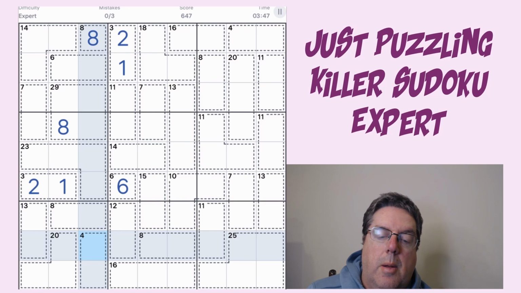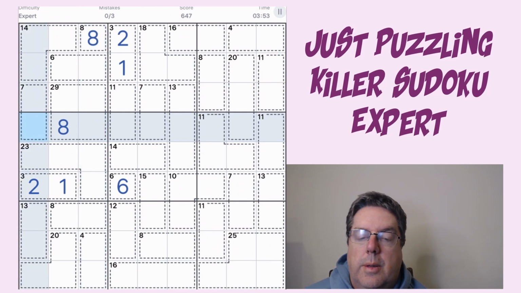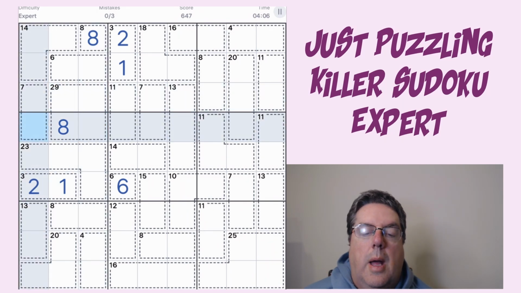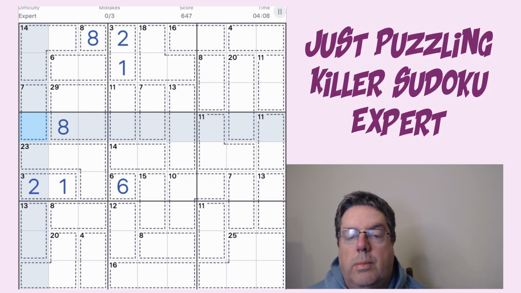What am I looking at? I'm looking at 23, 31, 34, 11. So 11 can be 6 and 5. 11 can be 9 and 2, which it can't be. So 9 is up here, because that can't be 9 and 2. And it could be 7 and 4.